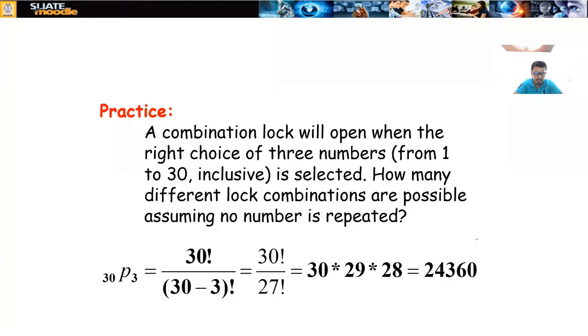To take nPr you need to press shift with the multiplication sign. So 30 shift multiplication 3 gives 24,360.